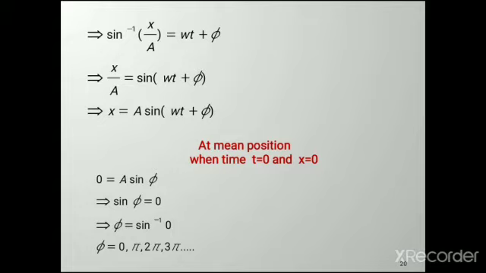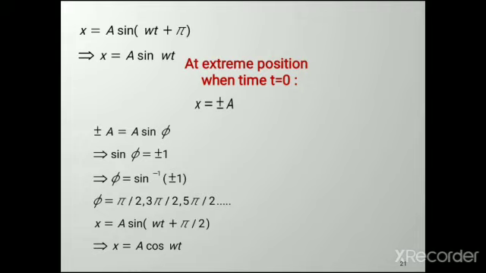It means that phi is equal to 0, pi, 2 pi, 3 pi, etc. Hence, by substituting the value of phi, we will get x is equal to a sine omega t plus pi. X is equal to a sine omega t. So this is the equation of displacement when object starts its motion from mean position.